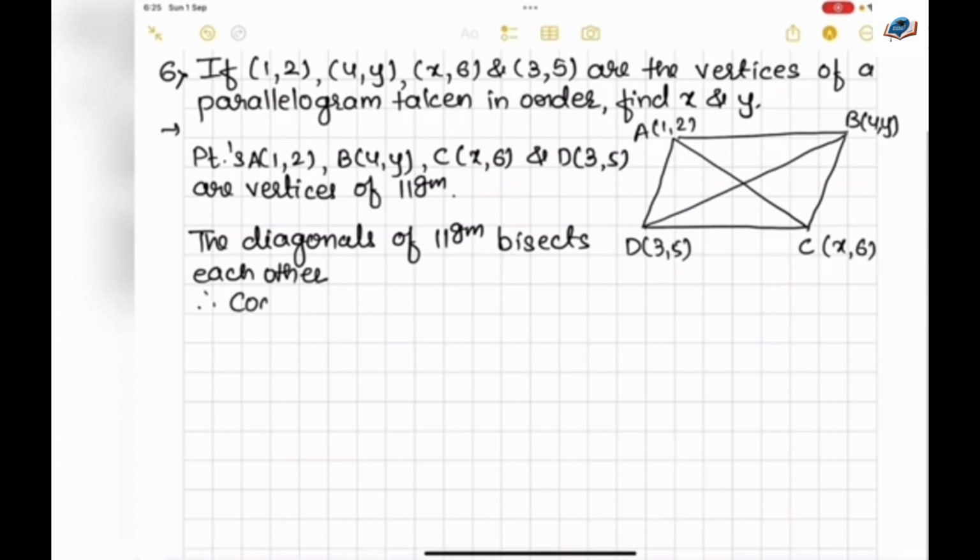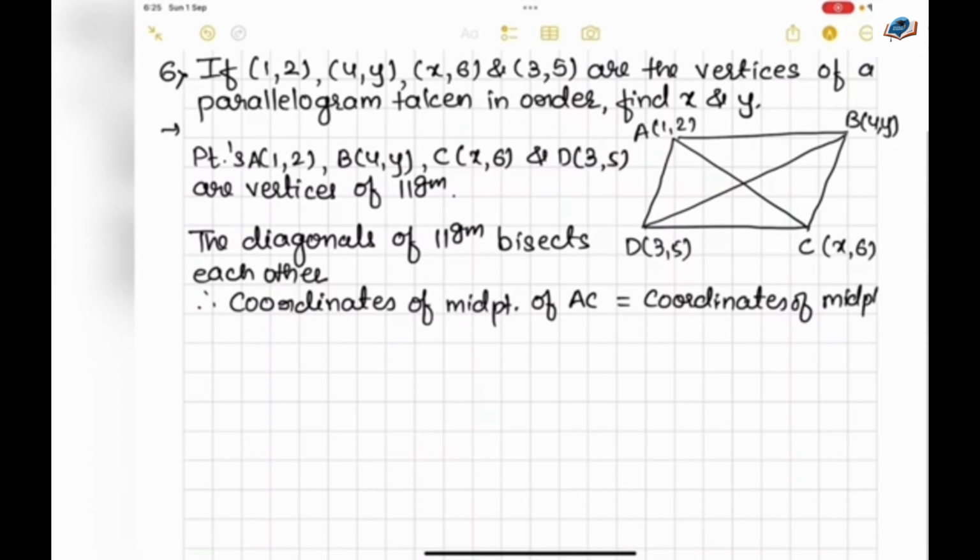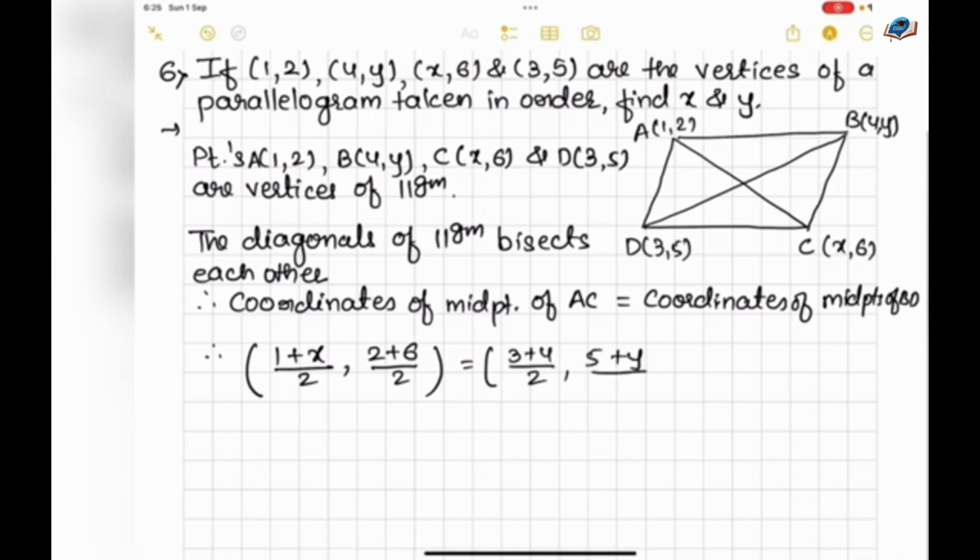Therefore, coordinates of midpoint of AC will be coordinates of midpoint of BD. So, therefore, (1 plus x) by 2 comma (2 plus 6) by 2 equal to (3 plus 4) by 2 comma (5 plus y) by 2.